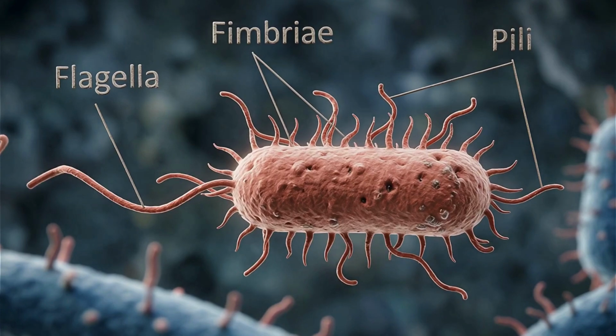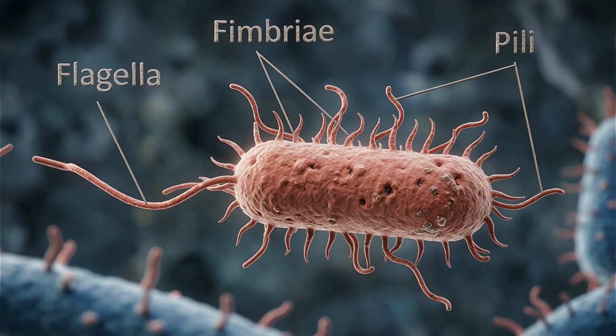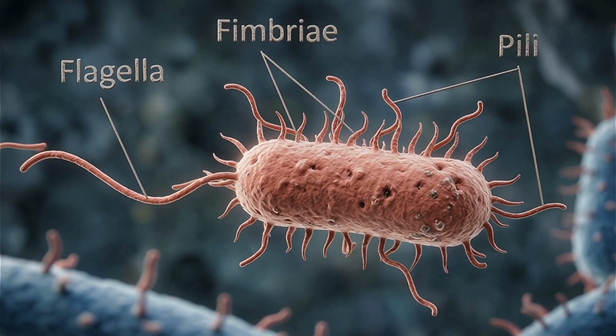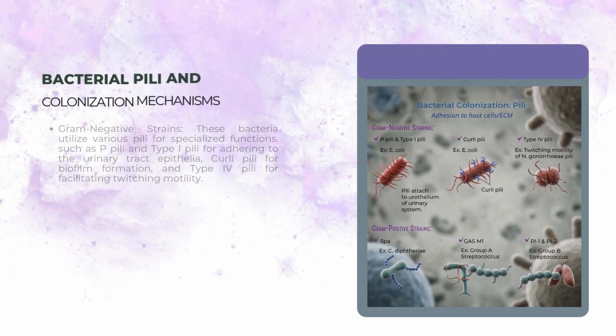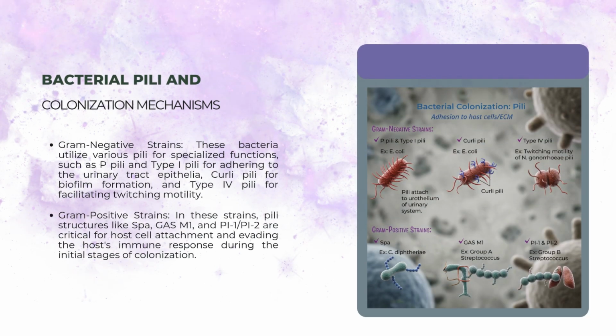Pili and fimbriae. Next are the pili and fimbriae, which are thin, filamentous appendages protruding from the cell surface, predominantly found in gram-negative bacteria. Morphologically, these structures are smaller, shorter, and more numerous than flagella, necessitating the use of electron microscopy for visualization.